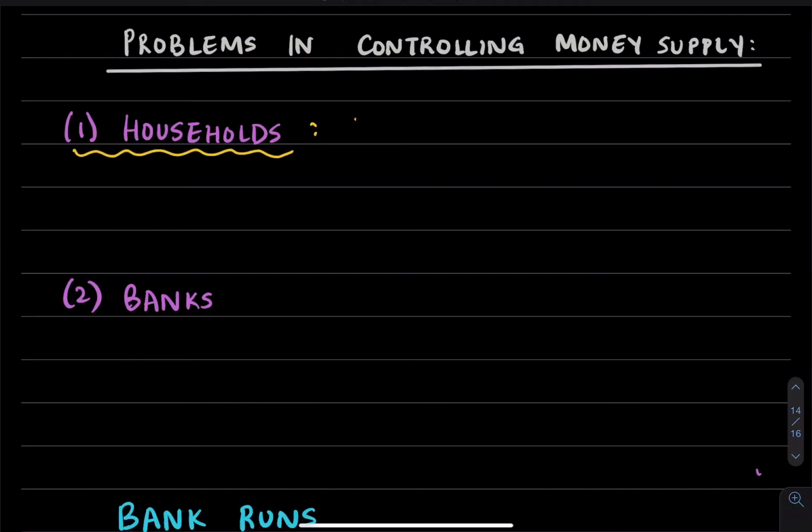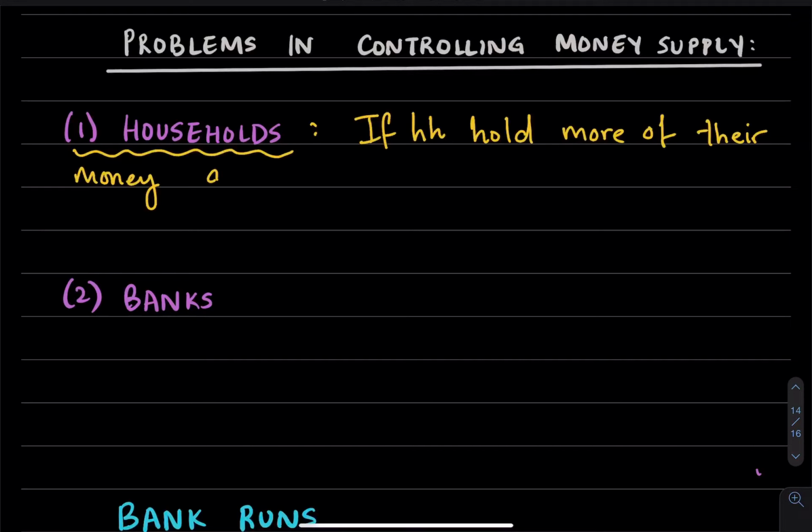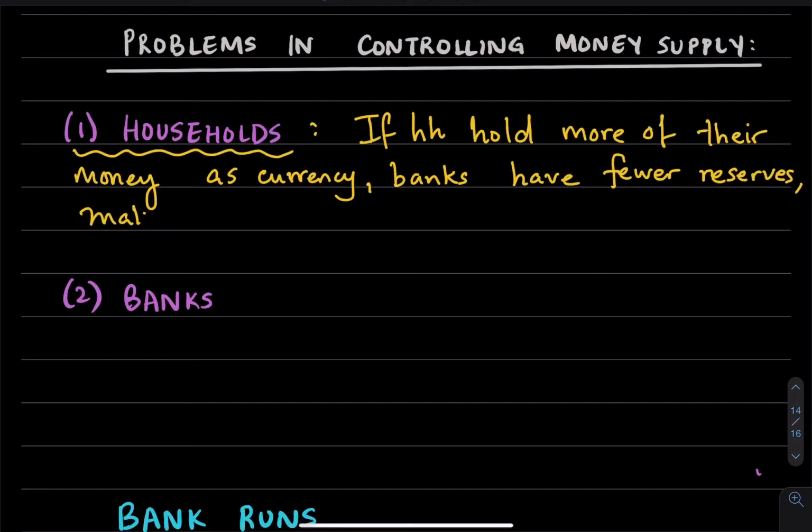So if households hold more of their money as currency, banks have fewer reserves and make fewer loans, thereby decreasing money supply.